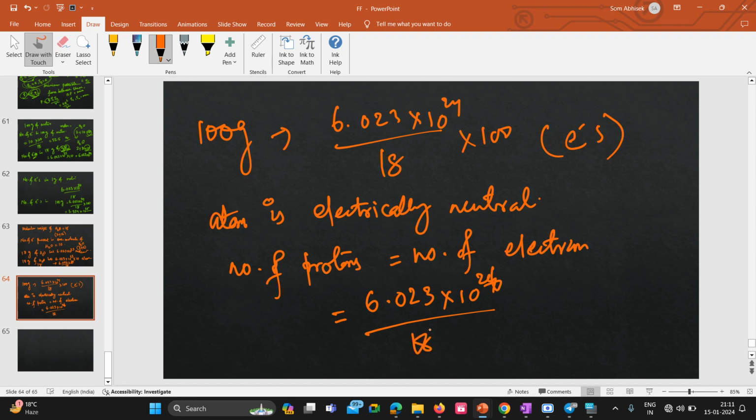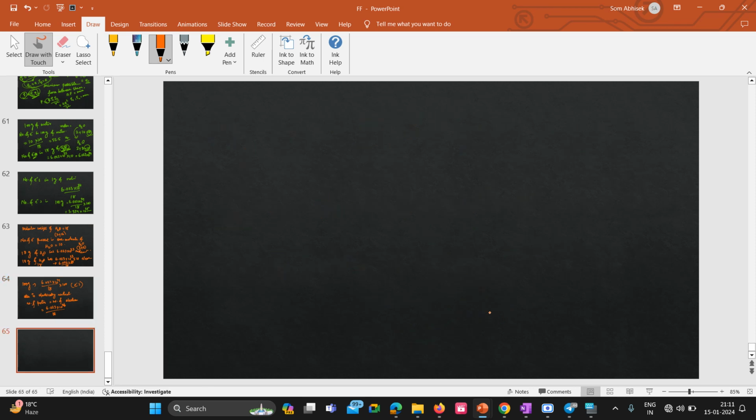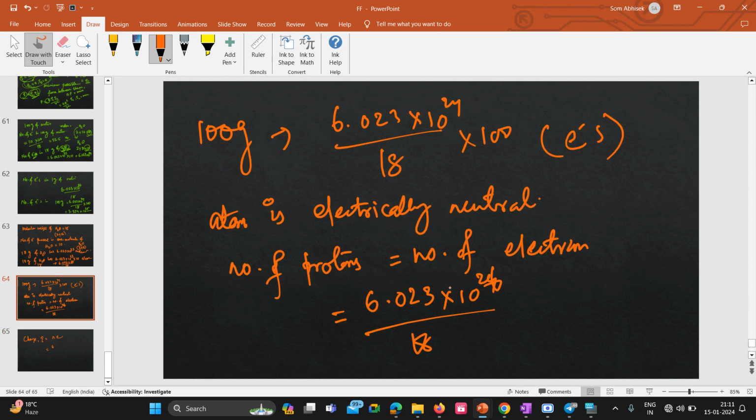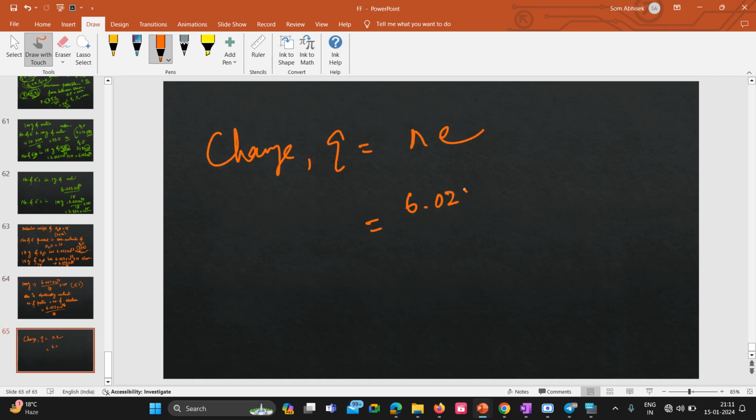Alright. Now the charge of the proton will be how much? This is the number of electrons, the number of protons. Okay. The charge formula is what? Q is equal to Ne. N is what? The number of protons. So just put in 6.023 times 10 to the power 26 divided by 18, into 1.6 times 10 to the power minus 19 coulomb.